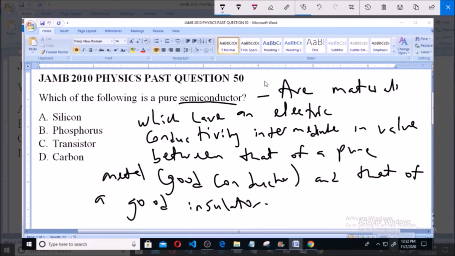So a semiconductor is any material which has an electric conductivity value between that of a good conductor and a good insulator.